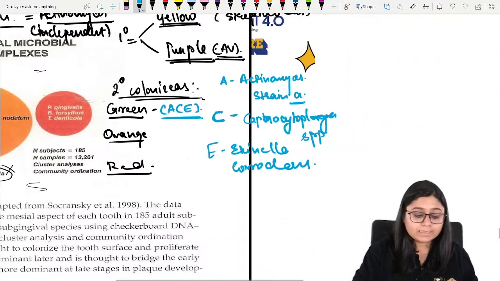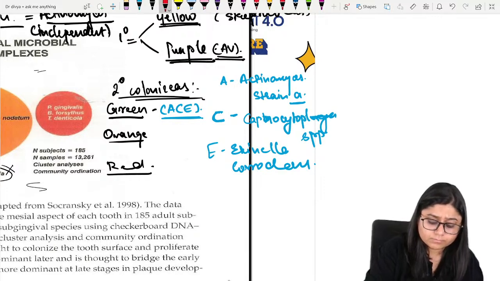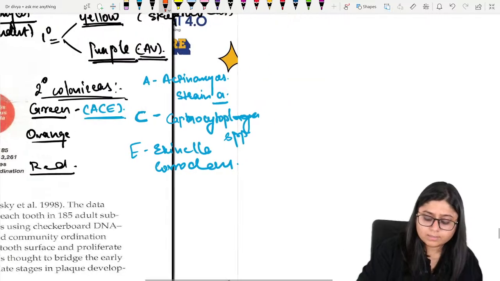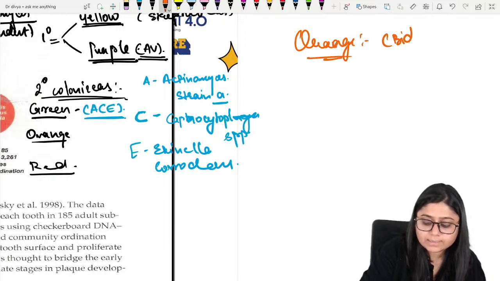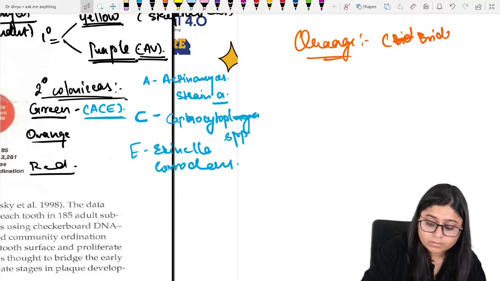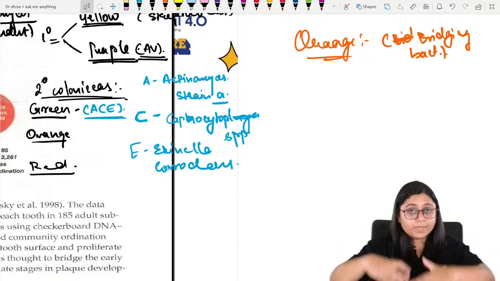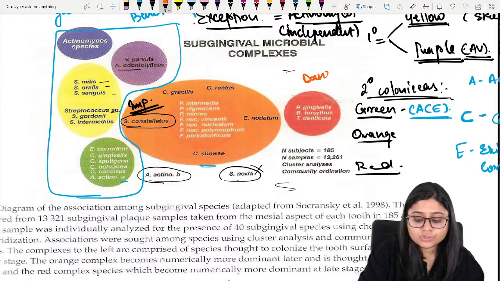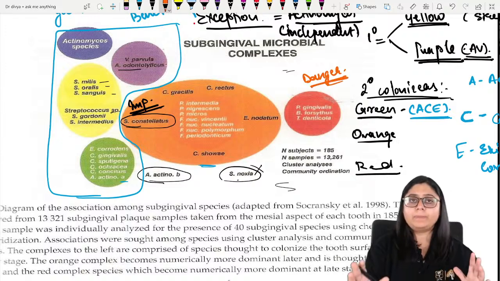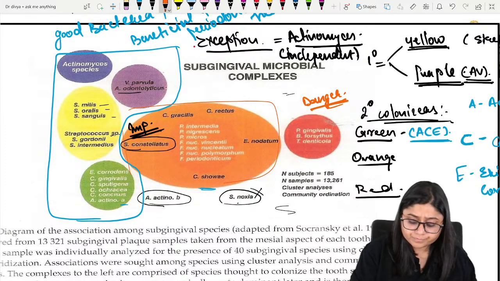The orange complex is a very interesting complex. Why? Because it consists of bridging bacteria, the bacteria which act as a bridge between the good bacteria and the bad bacteria. These are the dangerous bacteria and these are the good bacteria, and this is the bridge.